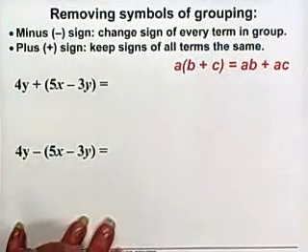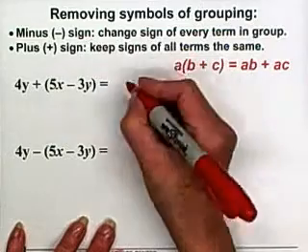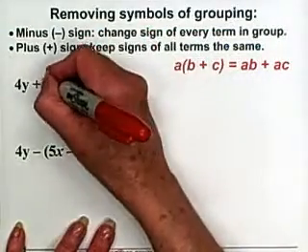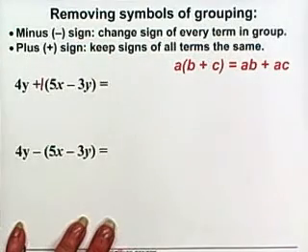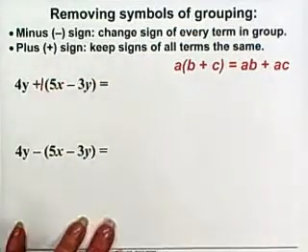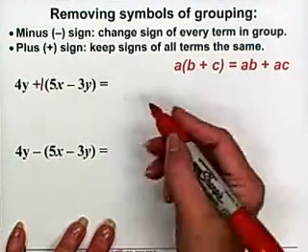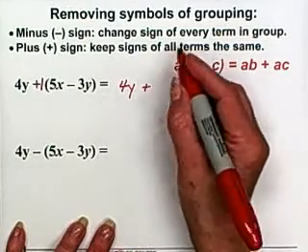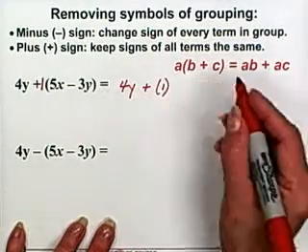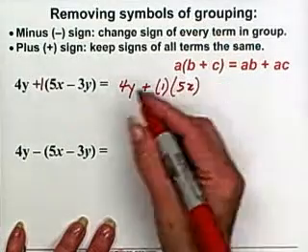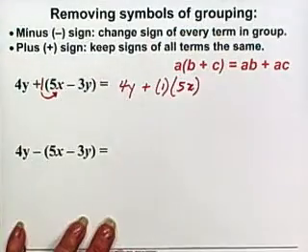Because we have a 4y in the front here, we have to write it out that way. We have a 1 in front of this parentheses, and so when we're multiplying through, we're multiplying a plus 1 by each of these things. So we're going to write it out as 4y plus 1 times 5x. Here's our 1 multiplied by our 5x.